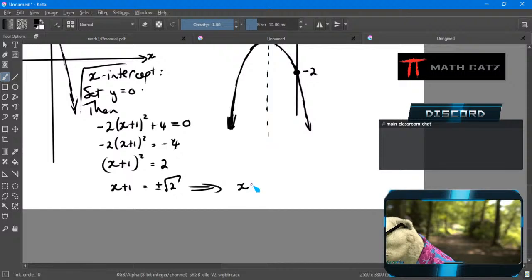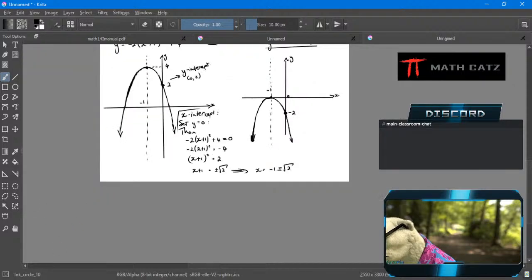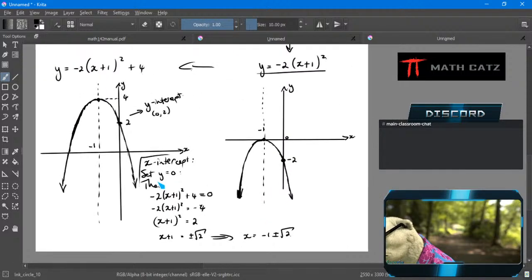And finally, x is -1 plus or minus root 2. Calculate the decimals, do what you want to do. It'll be these guys over here. Okay. So if I have it in what we call standard form, great. It's not that hard to calculate the x-intercept.